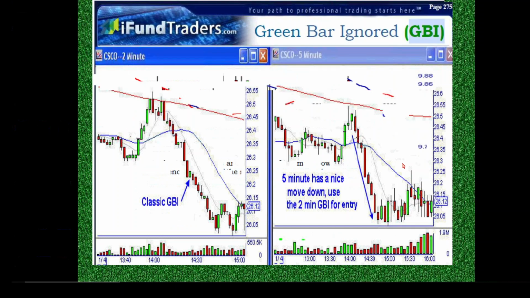Okay, just like ribbies, gibbies work on different time frames. Here's the two, right? This was a gibby, multiple gibbies on this leg going down. Any one of these you could have entered in. Or if you entered in one, you could have added as it drops down, then you move your stop.